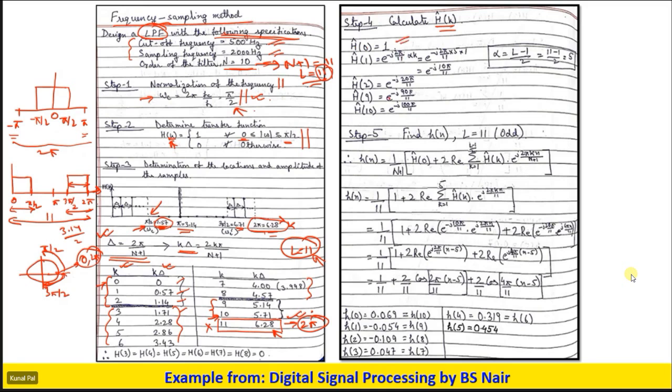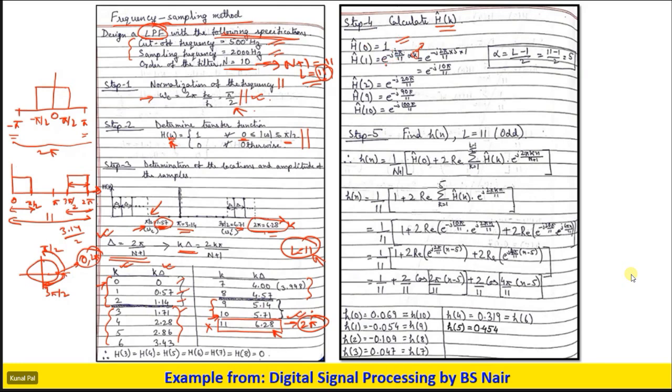H cap 1 would be given by e to the power minus j 2 pi by 11 alpha k. Why is it 1? Because this k becomes 0, which is in the superscript of the exponential term. So that's why it becomes 0.